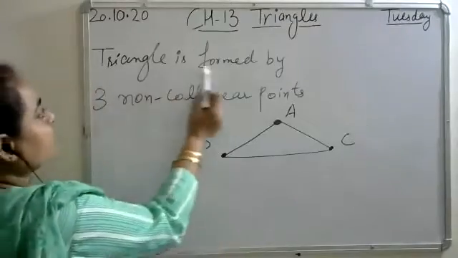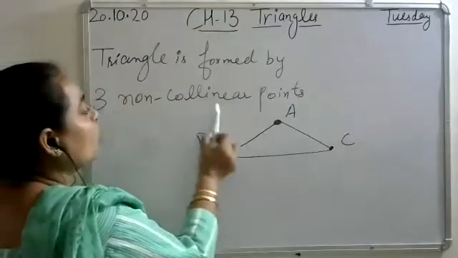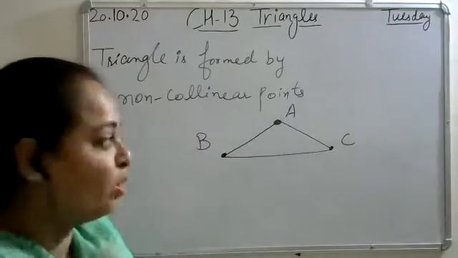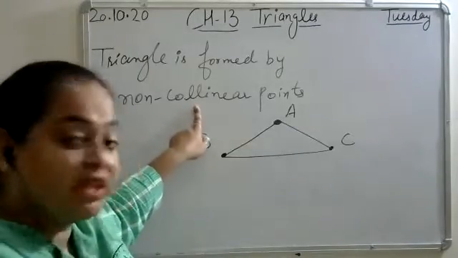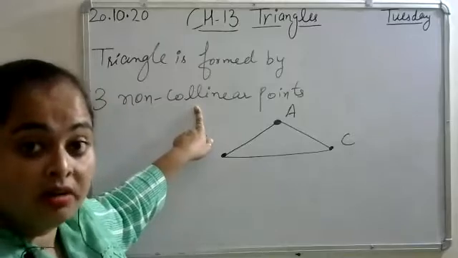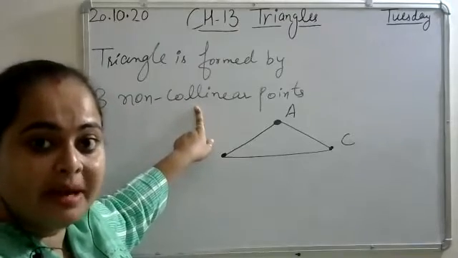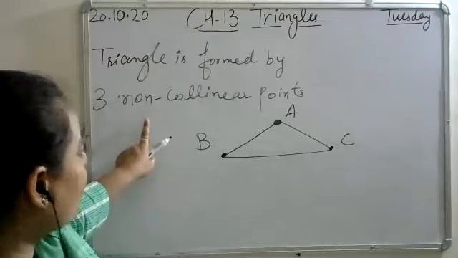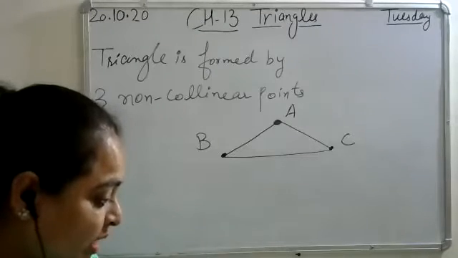A triangle is formed by 3 non-collinear points. This concept is very important. On the basis of this, you will observe MCQs, fill in the blanks, true or false in the exam. So a triangle is formed by 3 non-collinear points.